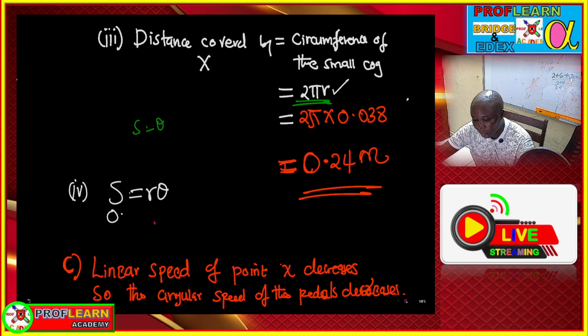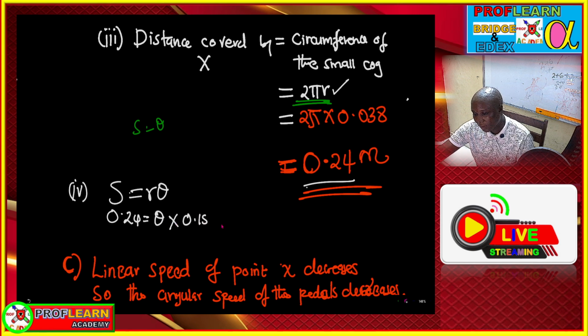You are supposed to use the information in Roman 3 to determine the angle through which the large cog rotates. When the chain covers 0.24, the large cog is going to rotate by which angle? The distance it covers, of course, is 0.24, which is equal to the angle, which we don't know, times the radius of that large cog, which is 0.15.